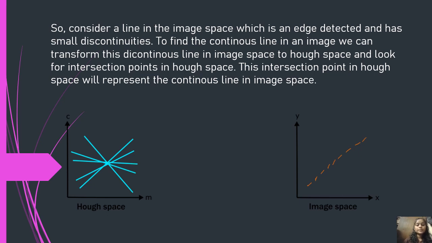Okay, so consider a line in the image space which is edge detected and has small discontinuities. To find the continuous line in an image, we can transform this discontinuous line in image space to Hough space and look for intersection points in Hough space. This intersection point in Hough space will represent the continuous line in image space. We can see the Hough space as well as the image space here.